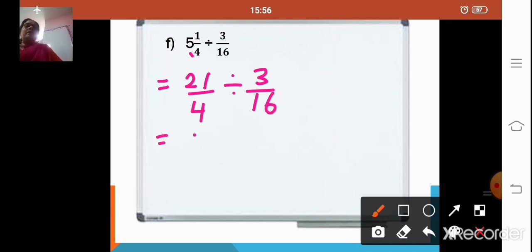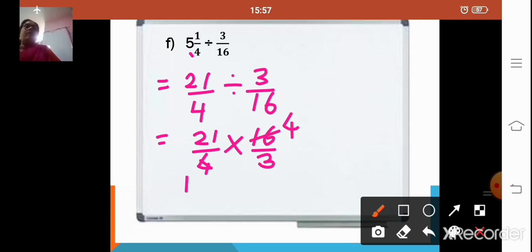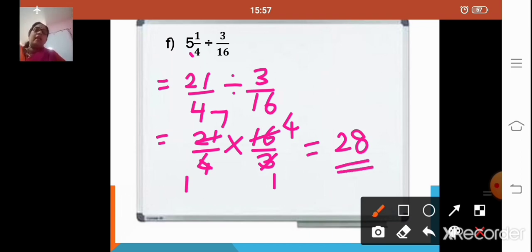The next step is 21 upon 4. Change the division sign to multiplication along with the reciprocal of the second fraction, that is 16 upon 3. Now 4 ones are 4, 4 fours are 16, and 21 is divisible by 3, 3 sevens are 21. So your final answer is 28 upon 1, that is equal to 28.